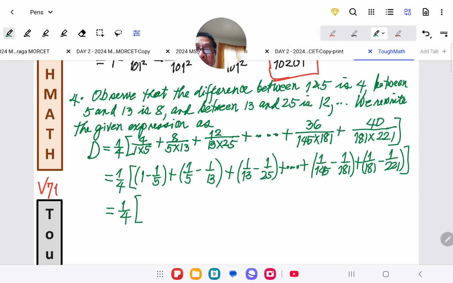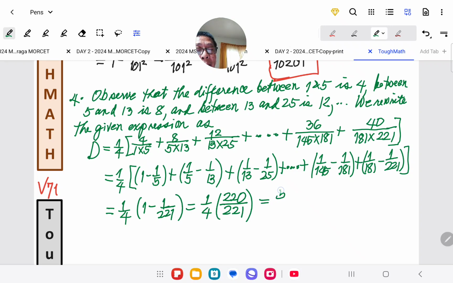We are left with just 1 and negative 1 over 221, which is equal to 1/4 times 220 over 221, which is 55 over 221. Okay, so that's number 4.